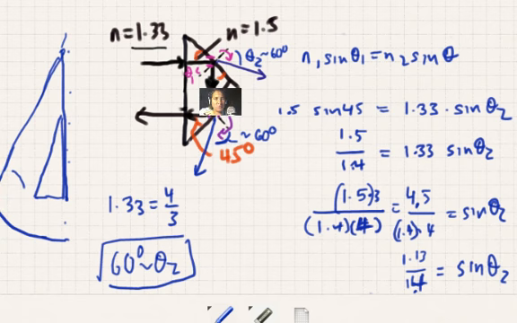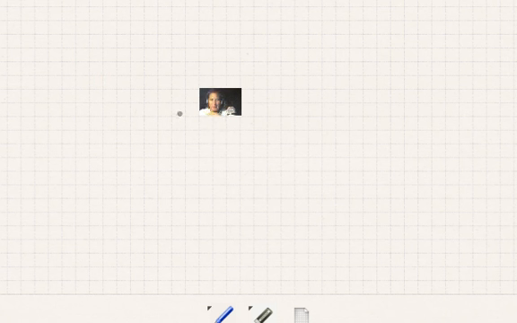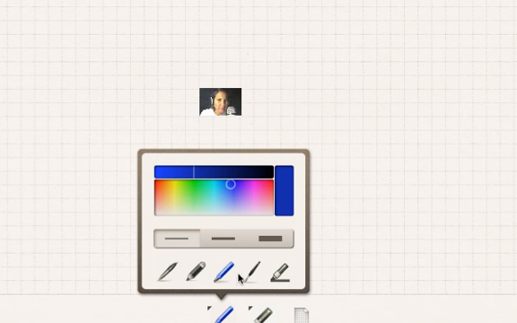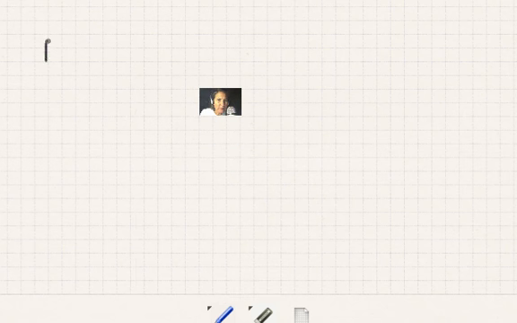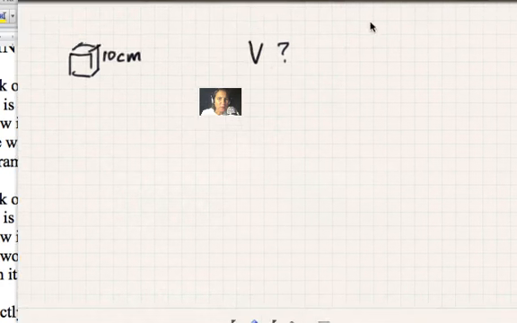Okay, so let's clear this away. What we have here is a block of sodium that is 10 centimeters on a side. The first question is, what is the volume? Well, I think that's the first question. Oh no, what is the mass?